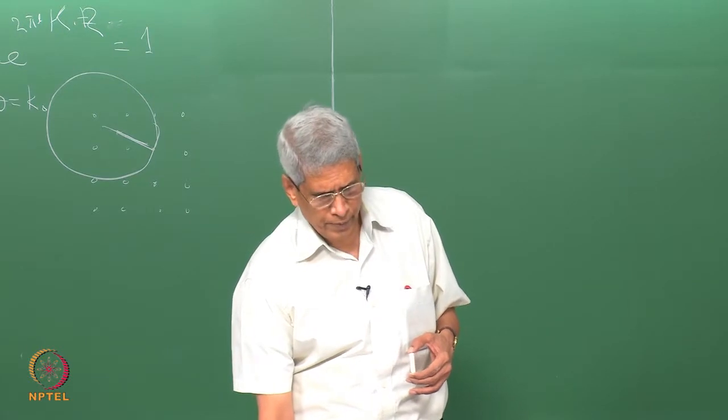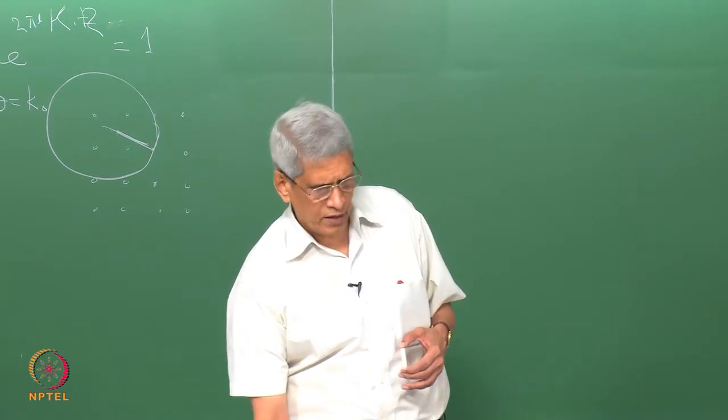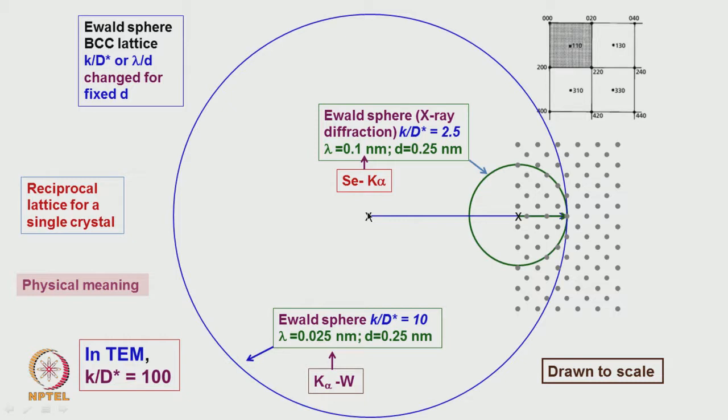Now, when the radius of the sphere becomes very large, or the wavelength becomes very small, you can see that the points which are touching are essentially lying almost on a plane itself, correct. This is for a ratio of lattice parameter to wavelength of 10.